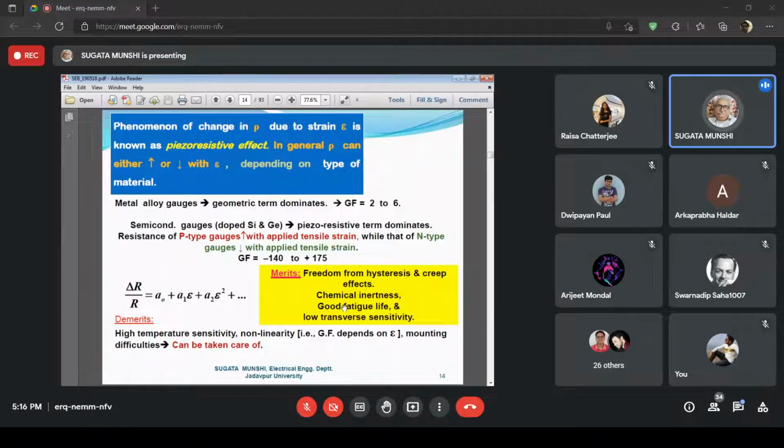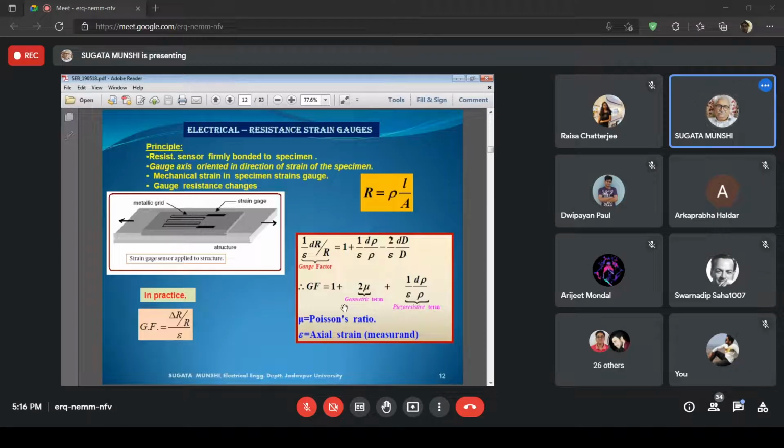Now, if you have a look at this resistive strain gauge arrangement, I have shown that the length of this gauge is aligned in the direction of principal strain. Now, if you apply a mechanical strain in a direction perpendicular to the length of the gauge, then what is desired is that under that condition, the gauge resistance should not change.